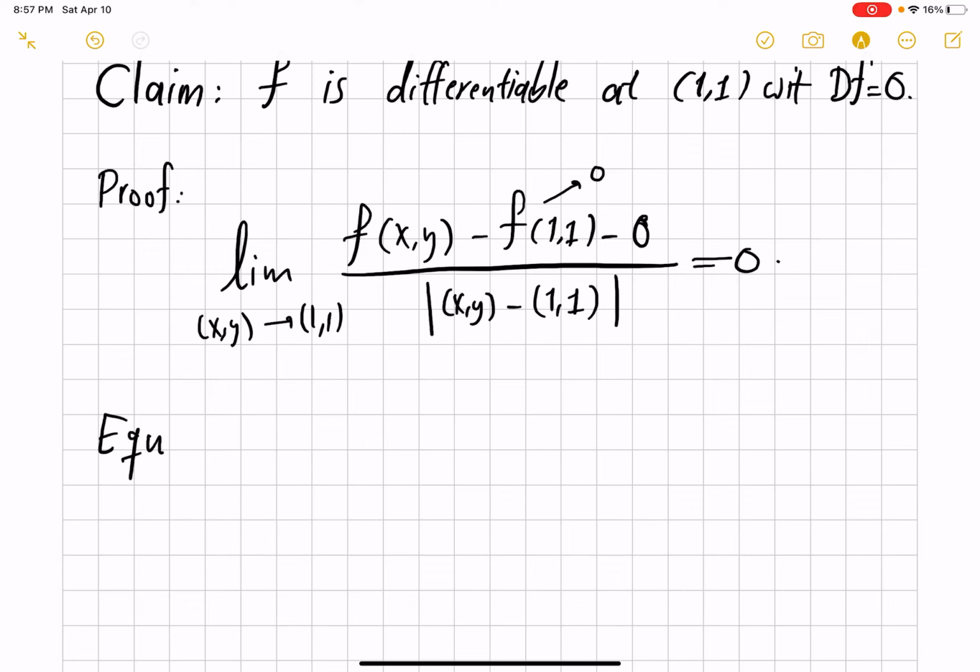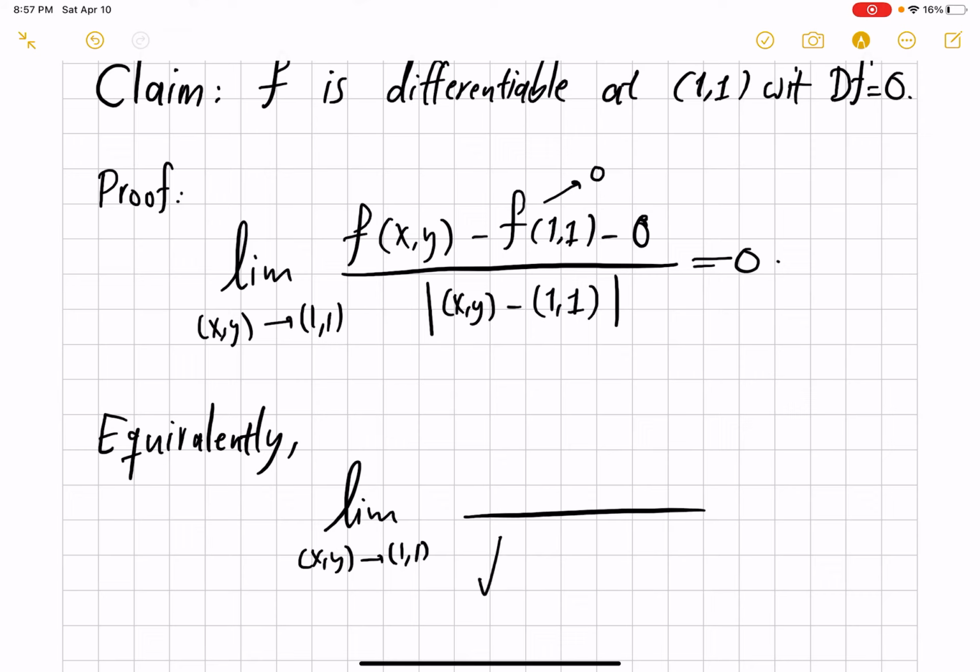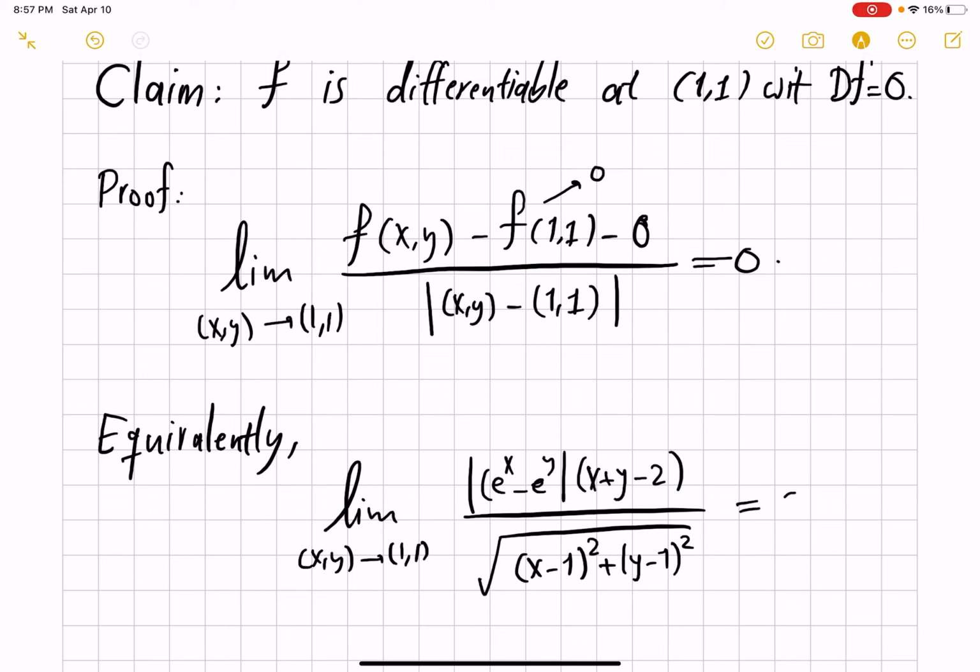To the following. So equivalently, I want to show that the limit as (x, y) goes to (1, 1) of the root of (x minus 1) to power 2 plus (y minus 1) to power 2, times (e to x minus e to y) multiplied by (x plus y minus 2), is 0.